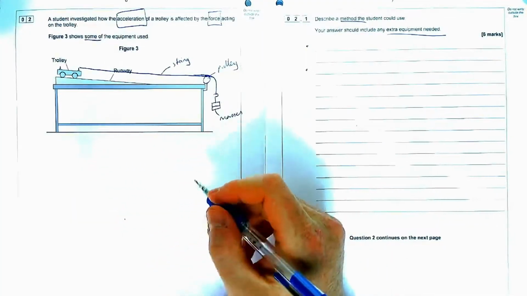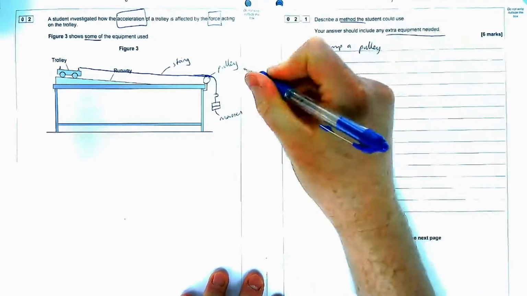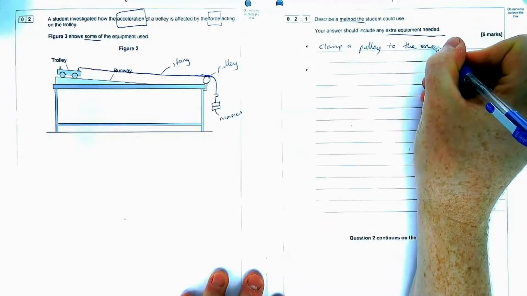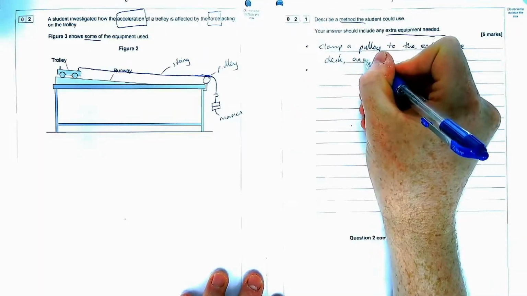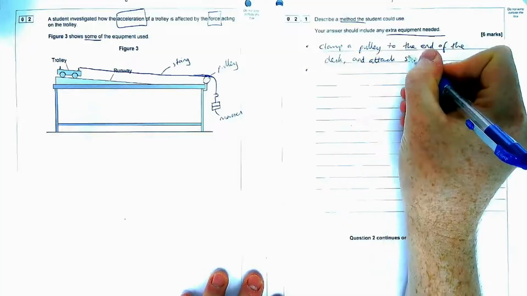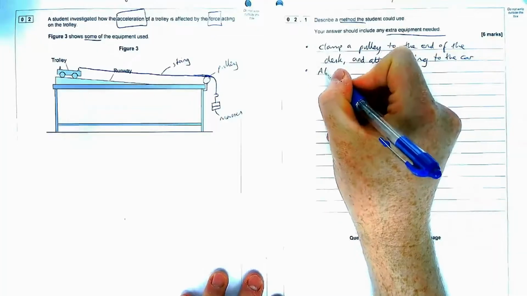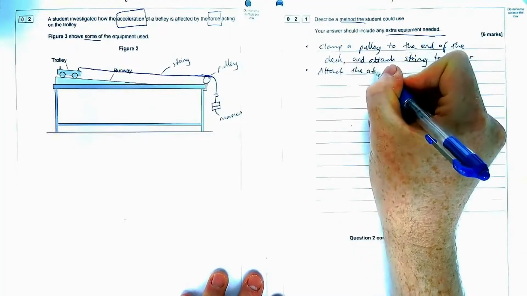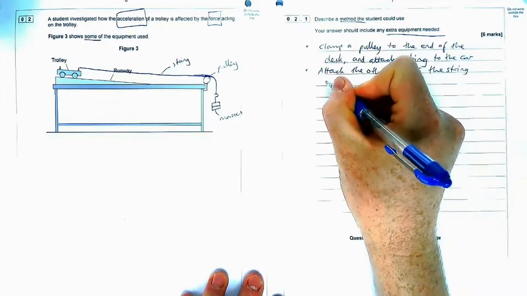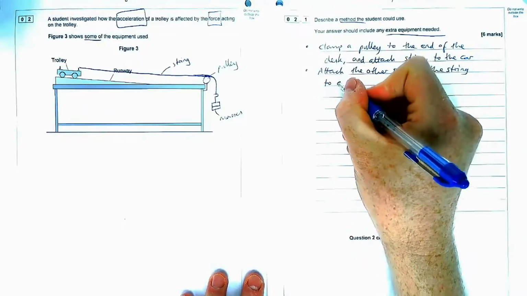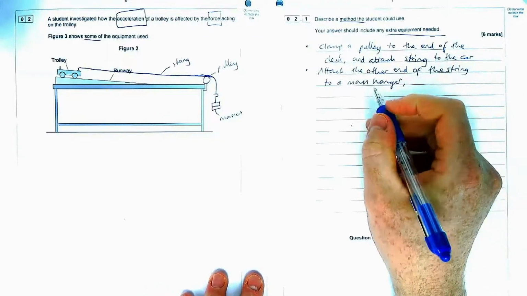So we'd say something like: clamp a pulley, that's this thing here, to the end of the desk, and attach string to the car, and then attach the other end of the string to a mass hanger. And we're going to drape or place the string over the pulley.